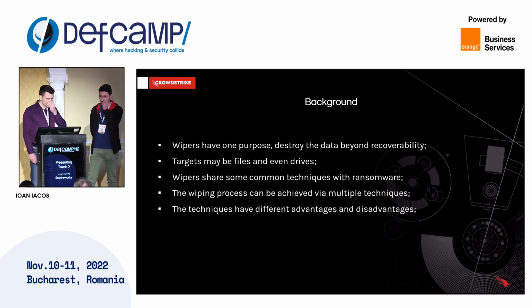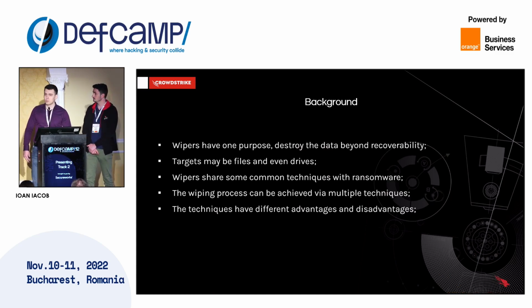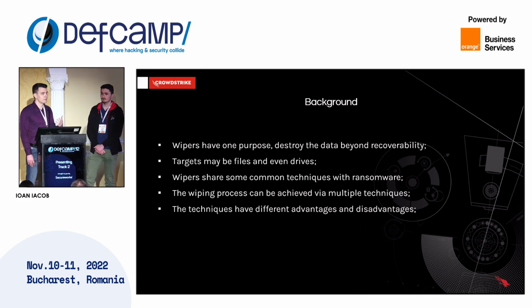So to give you some background first, what wipers do is they're mainly used to sabotage, as previously mentioned. Their only purpose in life is to destroy data beyond recoverability. And they can target both files and the drive itself, so depending on the type of wiper you're dealing with, you might see either files or the entire drive being wiped.